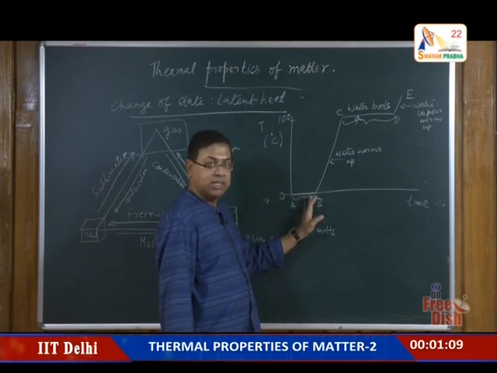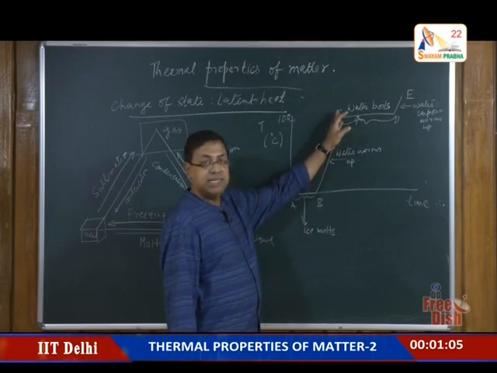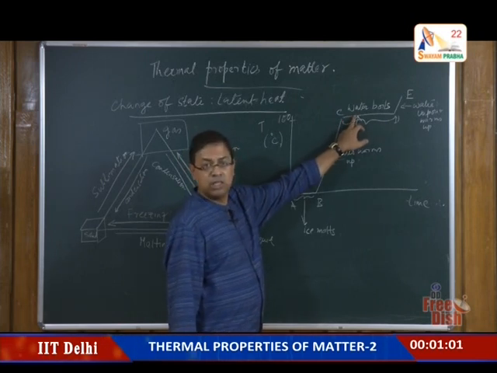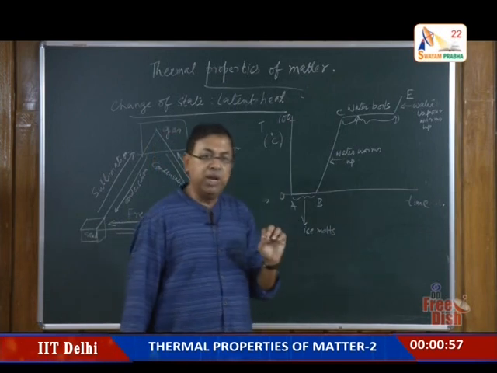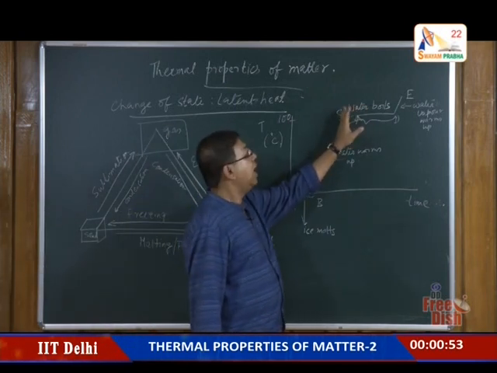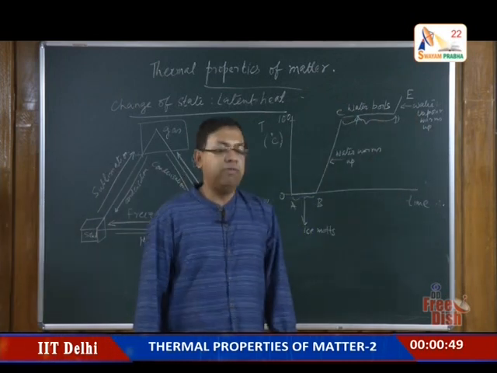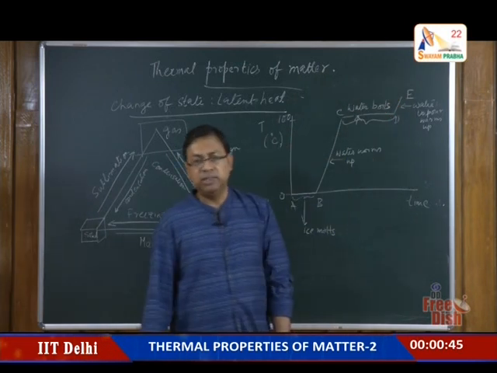So all the ice melts. When all the ice melts, the temperature starts rising again. Now at this point water starts boiling, which means the system now is a combination of liquid and vapor, and when all the liquid gets converted into vapor, then the temperature starts rising once again.